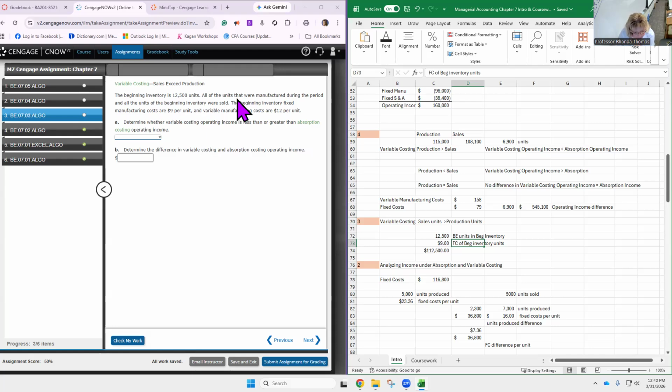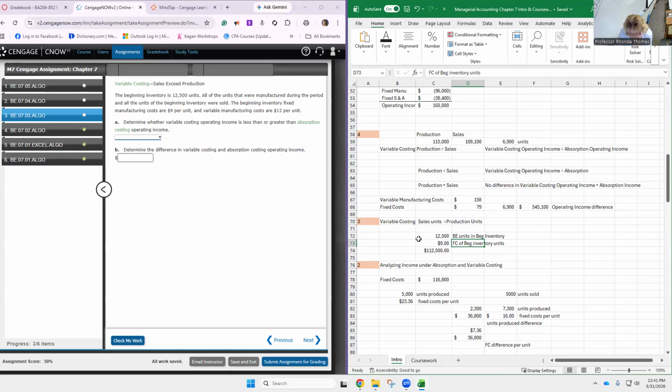So all of the units that were manufactured during the period and all of the units of the beginning inventory were sold. The beginning inventory fixed manufacturing costs are $9 a unit and variable manufacturing costs are $12. Determine whether variable costing operating income is less than or greater than absorption.